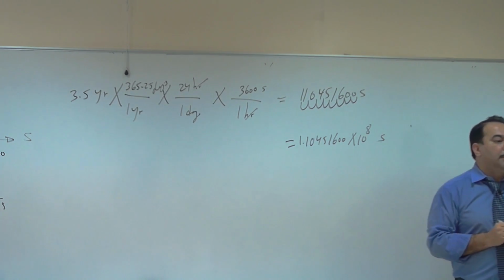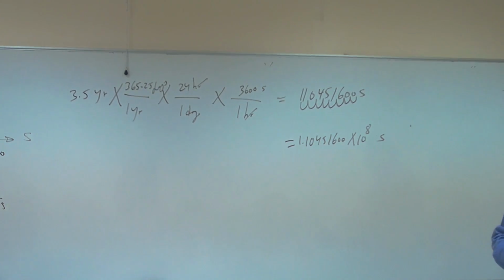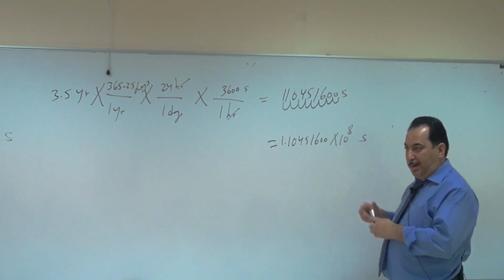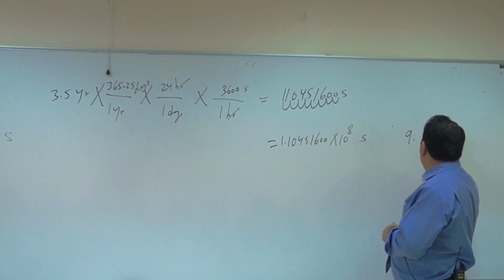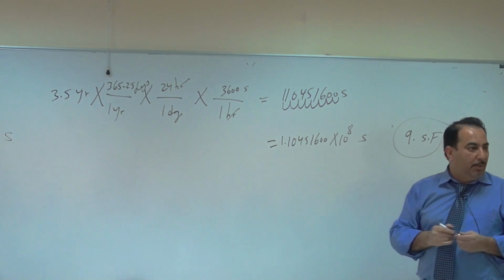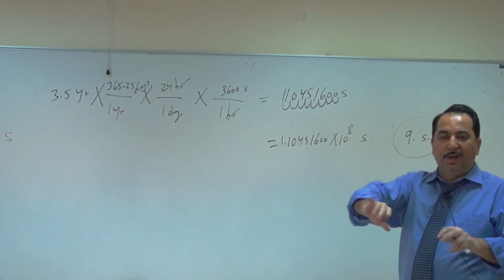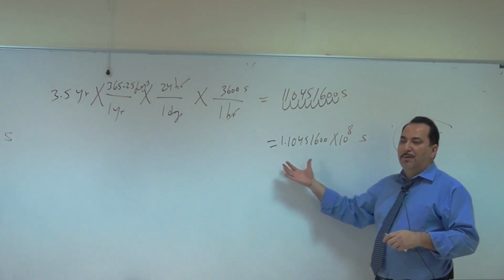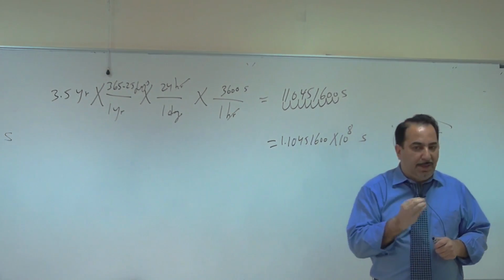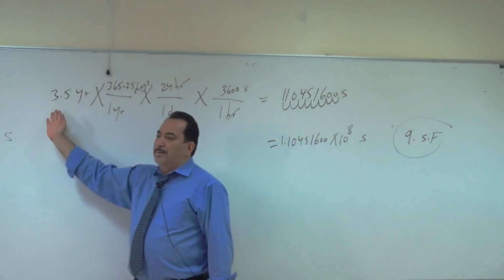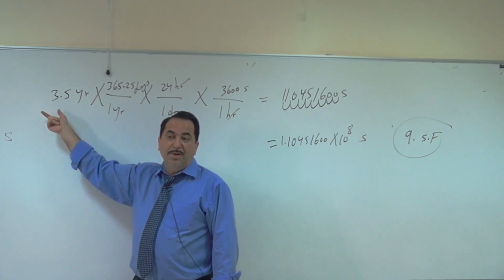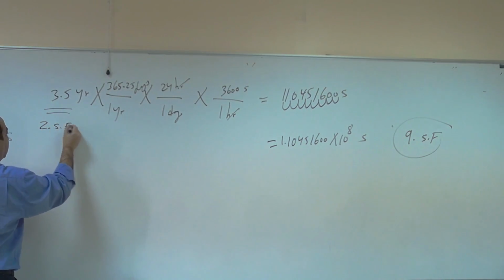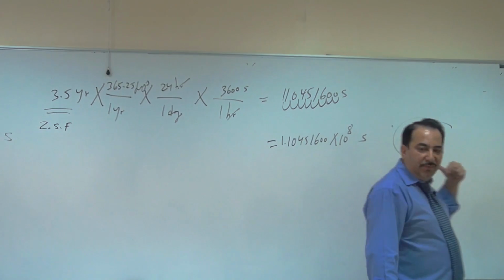Now we come to the subject of significant figures. How many significant figures do you have here? 9. Now, of course, this is not a practical way of writing the answers. Each time you calculate something, you don't just record whatever you see on the calculator. You have to think of how many of those are significant. Now, this is the rule here. What was the number I gave you in the question? 3.5. How many significant figures do we have here? So if this is 2 significant figures, your answer should have the same significance, not more.